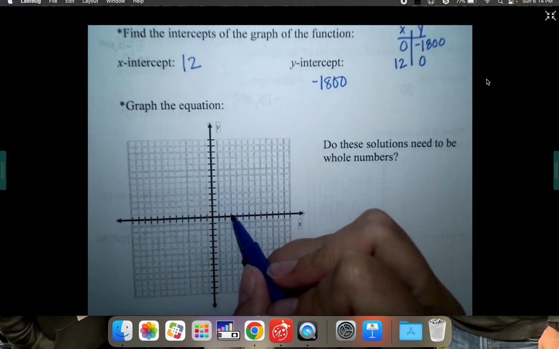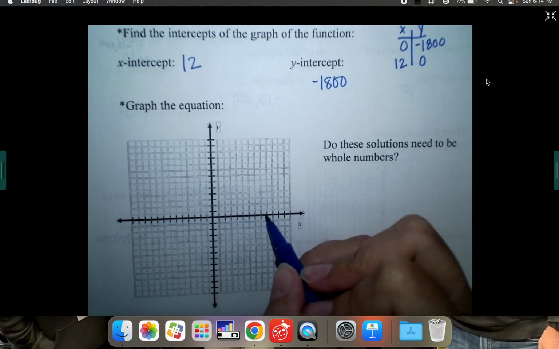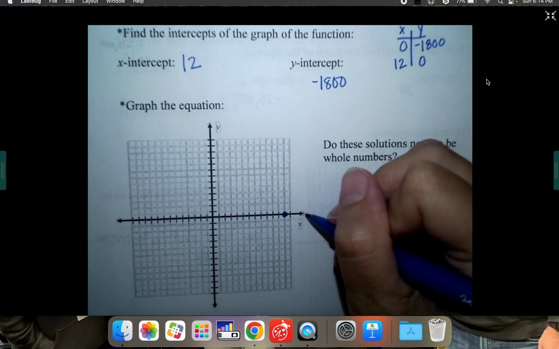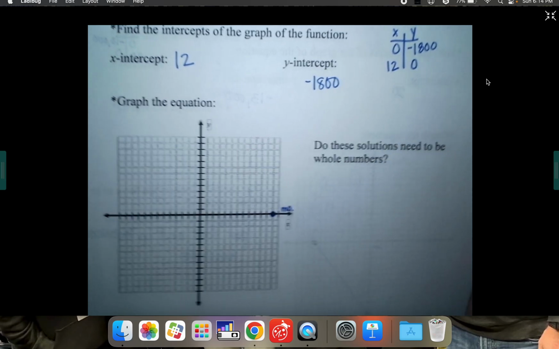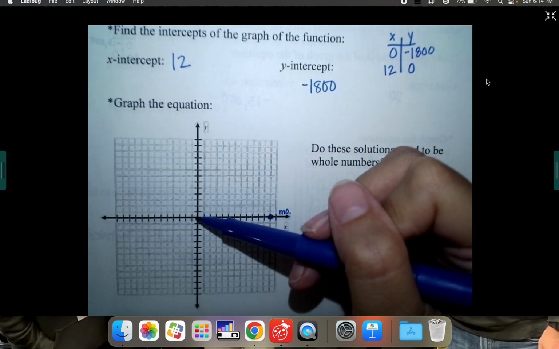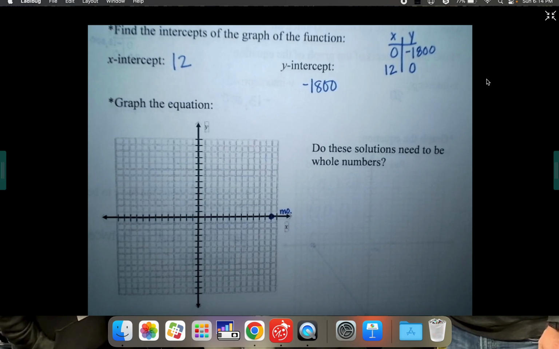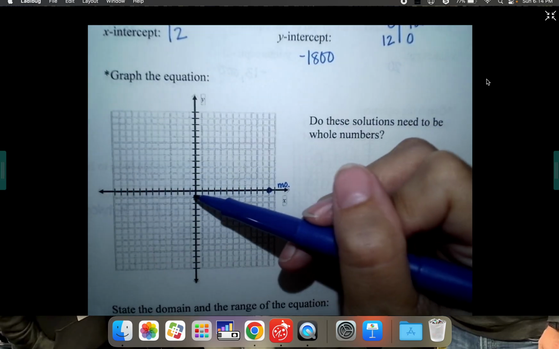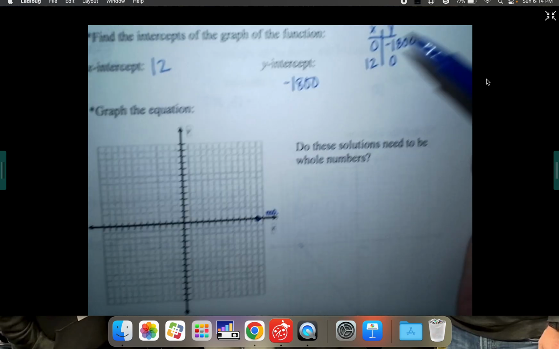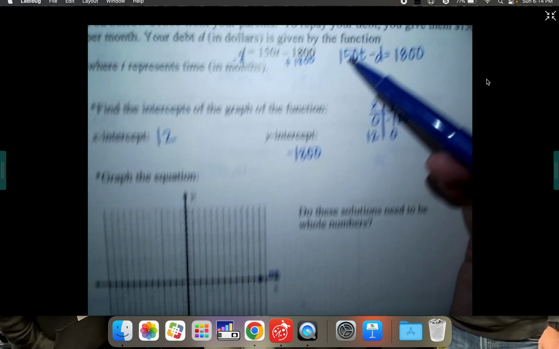All right, x-intercept is 12. We can definitely count by ones: 4, 5, 6, 7, 8, 9, 10, 11, 12. I know that works. So this is your months. Probably should have been labeling the axes earlier. And then the y-intercept, you are negative $1,800. You are in the hole 18. I don't know if this even goes down 18. 1, 2, 3, 4, 5, 6. In fact, you know what? Let's do 150 because it'll count by 150s.